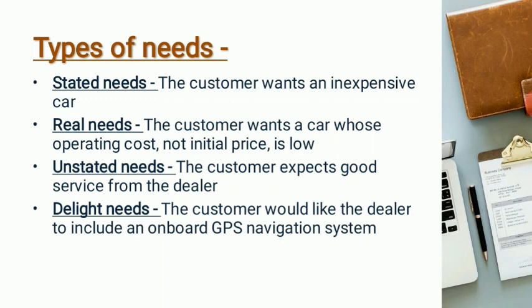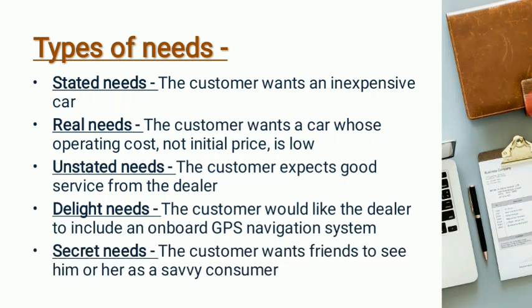The customer would like the dealer to include an onboard GPS navigation system. This is a delayed need. And last is secret needs. The customer wants friends to see him or her as a savvy customer. Likewise, a customer buys an Apple phone and his friend is also an Apple customer. So those two customers are called savvy customers.